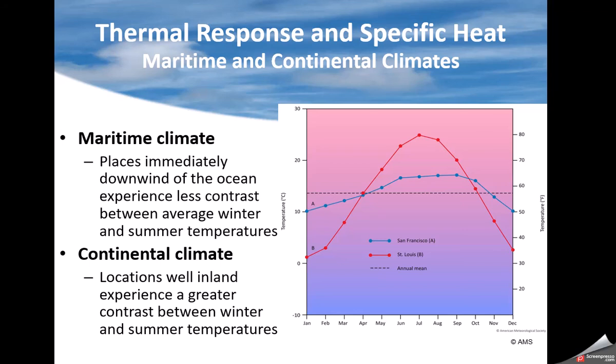This moisture influences maritime climates versus continental climates. You in Ohio, in that area, or Midwest, St. Louis, wherever, you have a continental climate. So that means you don't have the heat from the water or oceans impacting you very much.